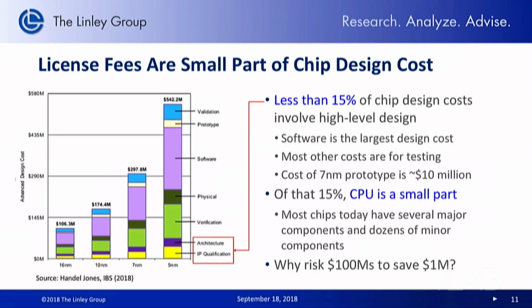About 15% of the total cost is this design. And then of that 15%, some small piece, maybe 1 or 2% of the total, is the CPU. So when people are talking about how much you can save, it's a fairly small percentage of a highly complex chip design that you might see in a smartphone or a PC.